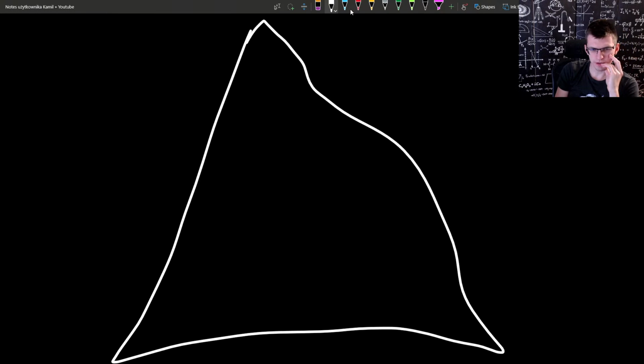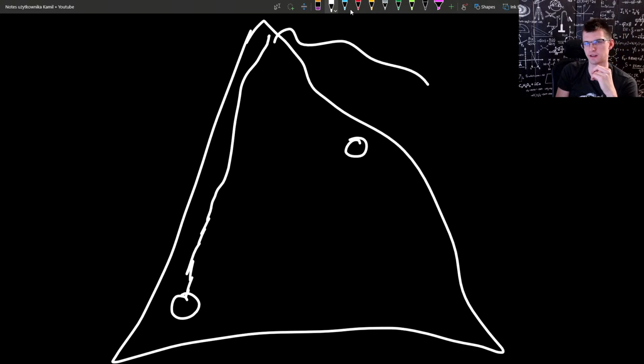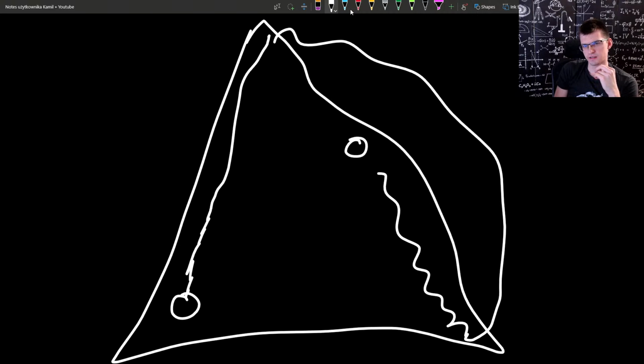How to get from here to there? You need to go all the way up. Yeah, then like this, then that, and that's over twice logarithm of n.